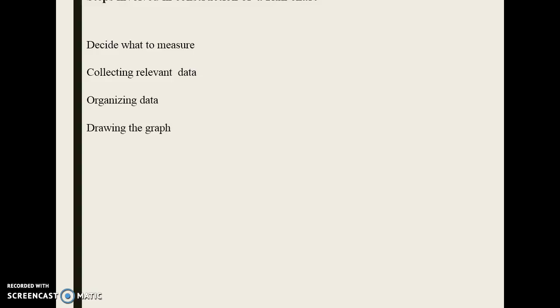The next point is drawing the graph. This is the actual run chart process which we will be doing here. And the next point is analyzing and interpreting the data. Once you see the graphical arrangement of the different data sets plotted, you can easily get to know the variations or any trends happening within the graph, so that you can analyze and interpret the data.